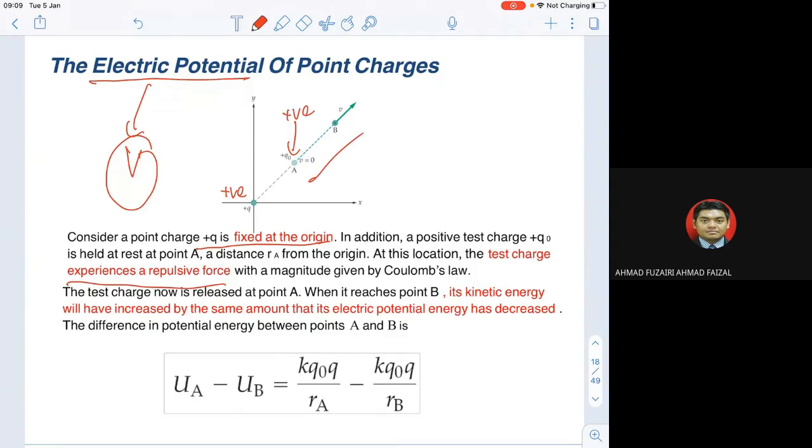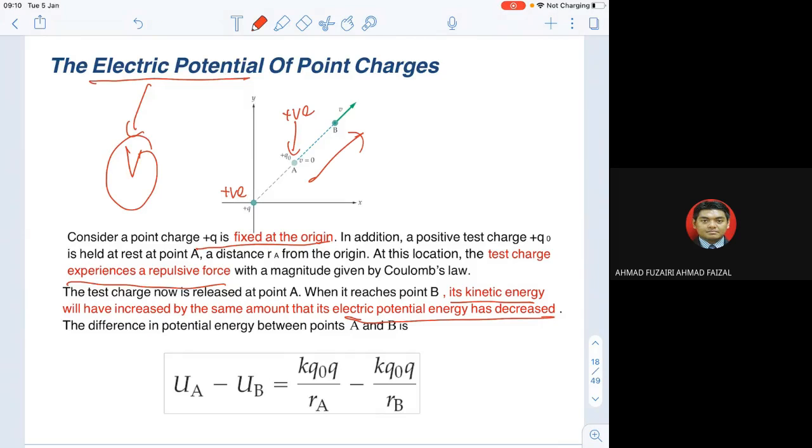What happens is it will be kicked away. It will experience a repulsive force with the magnitude given by Coulomb's law. The test charge is now released at point A, and when it reaches point B, its kinetic energy will have increased by the same amount that the electric potential energy decreased.